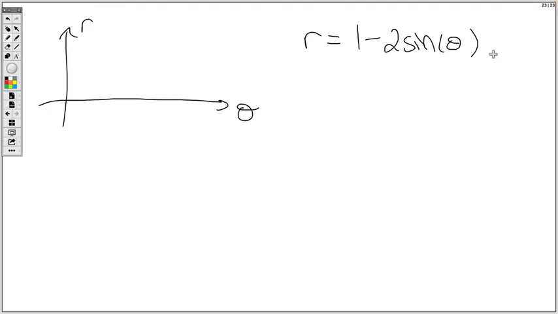We've got a standard sine wave here. It's frequency 1, so it's going to go from 0 to 2 pi. The usual quarter marks. You plug the numbers in. You plug in 0, you get out 1.